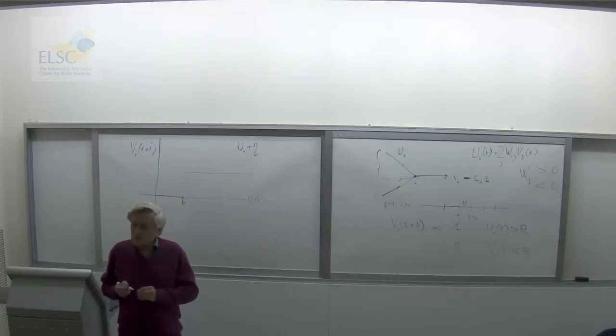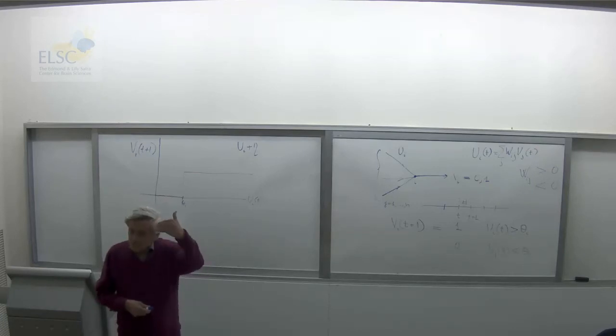This random parameter takes into account all the sources of noise which I just enumerated. This is what happens at the postsynaptic neuron.